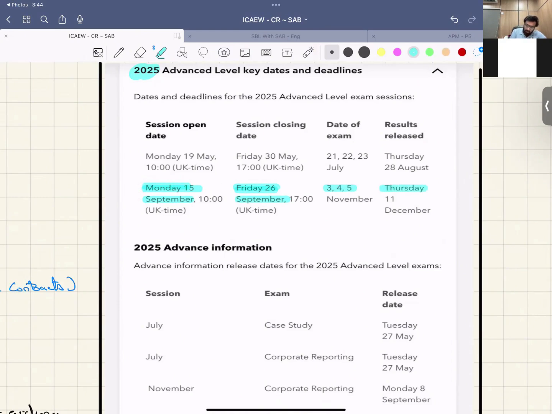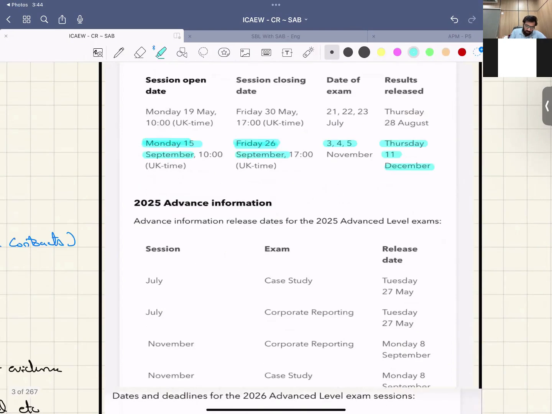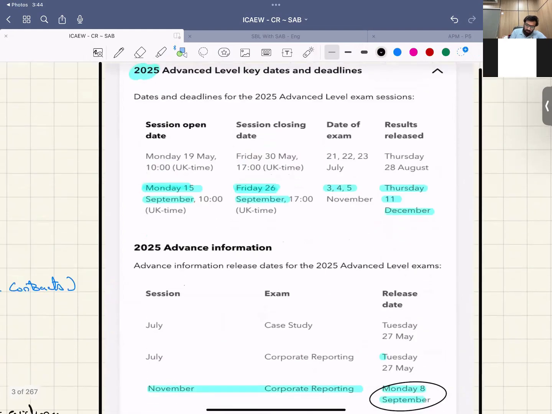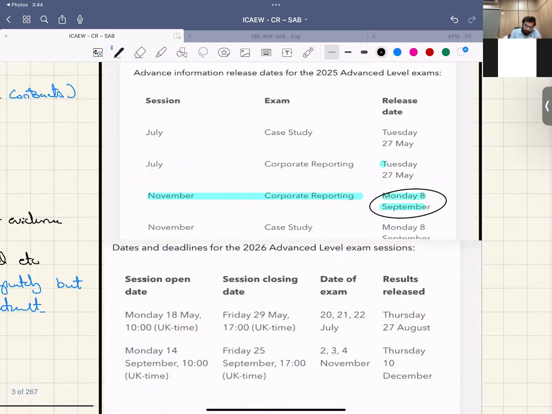The result would be on 11th December. For the November attempt, the advanced information would be available on 8th September, approximately 4 to 5 weeks ahead.